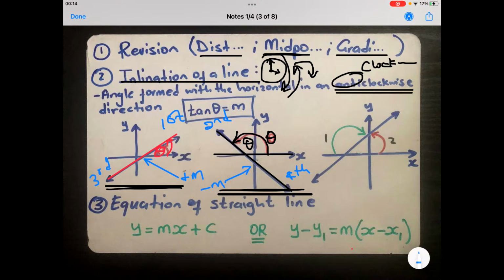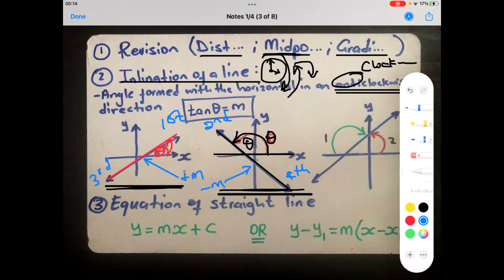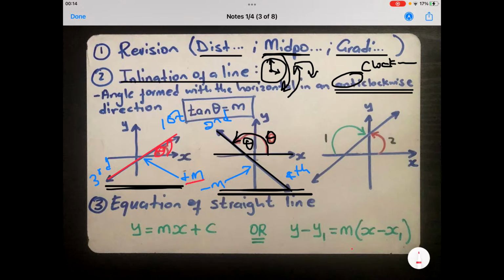In addition, it's worth indicating that where you have a positive gradient, your angle of inclination will always be less than 90 degrees.